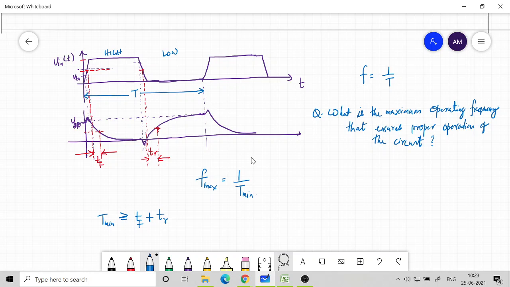So TF and TR, earlier we found out with this 50% analysis. At that time, I didn't take the slow rise and fall time of the input. I took an abrupt change and then calculated from 0 to 50%. So TF in this calculation we will get as 0.693.